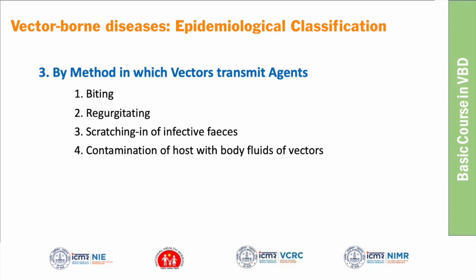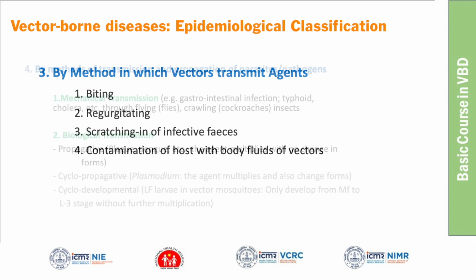And number 4, contamination of host with body fluid of vectors. So this is another classification of the modes of transmission: by biting, by regurgitating, by scratching in of infective feces, and contamination of host with body fluids of vectors.